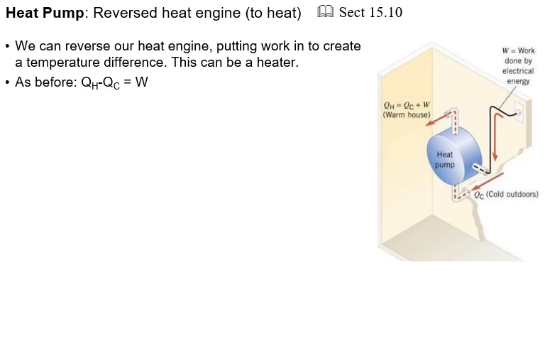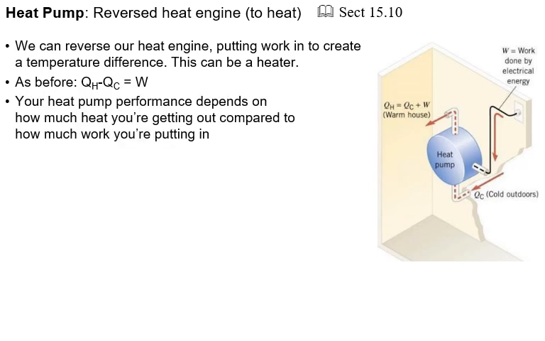Engines undergo cycles. The change in internal energy over a cycle is 0, and therefore the net heat added to the system is equal to the net work done by the system. The net heat added is equal to the heat flow from the high T reservoir to the engine minus the heat flow from the engine to the cold environment. That's still true.